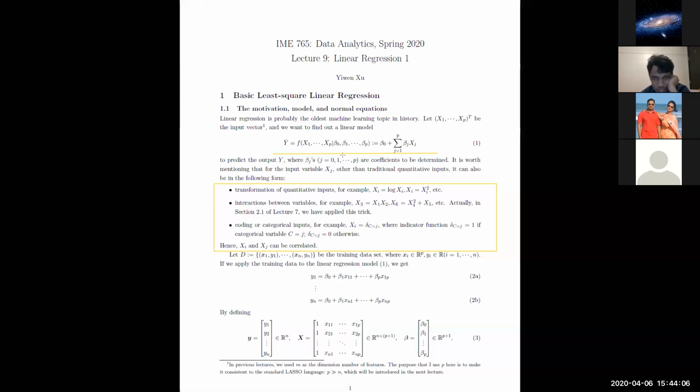Note that in most previous lectures, I used n and m, which means I have n data and m classes. Here, the reason I use n and p is because it's so standard. For example, QR factorization: why do you use Q, R? Why don't you use A, B? You can of course use A, B, but people tend to use QR because everybody calls it QR. You know what I mean?